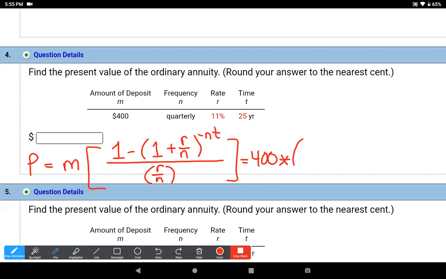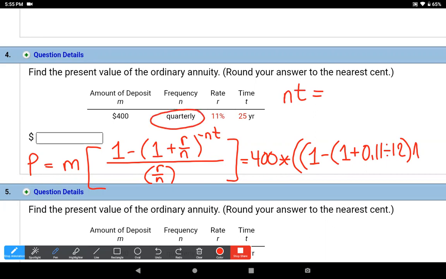So times parenthesis 1 minus parenthesis 1 plus the rate divide by 12 in parenthesis caret n times t. Well, n is 4.